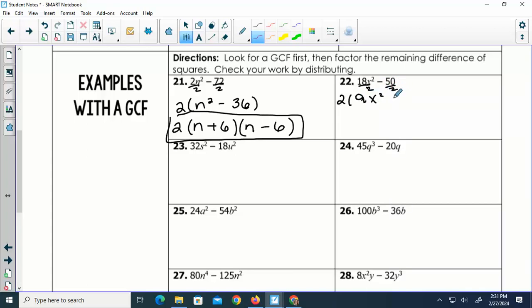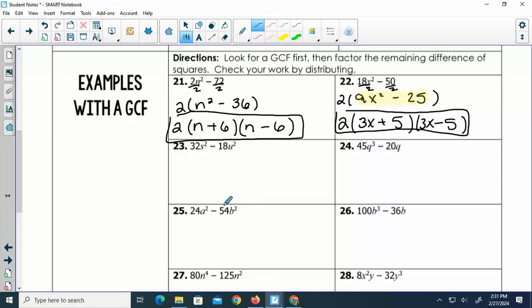We have the x squared. 50 divided by 2 is 25. Is that a difference of squares? Yes. It's a subtraction. Both of those are perfect squares. So my 2 just stays. 9x squared breaks into 3x, plus 5 and minus 5.